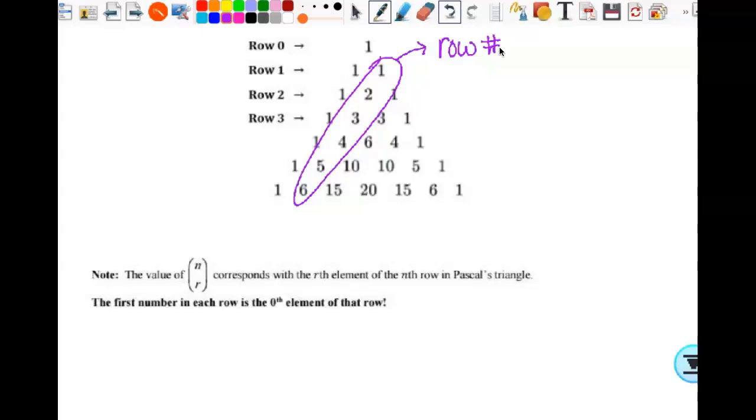You start adding, right? 1 plus 4 is 5, 4 plus 6 is 10, 6 plus 4 is 10, and 5 plus 10 is 15, and so forth, right? So go ahead and write in row 7.